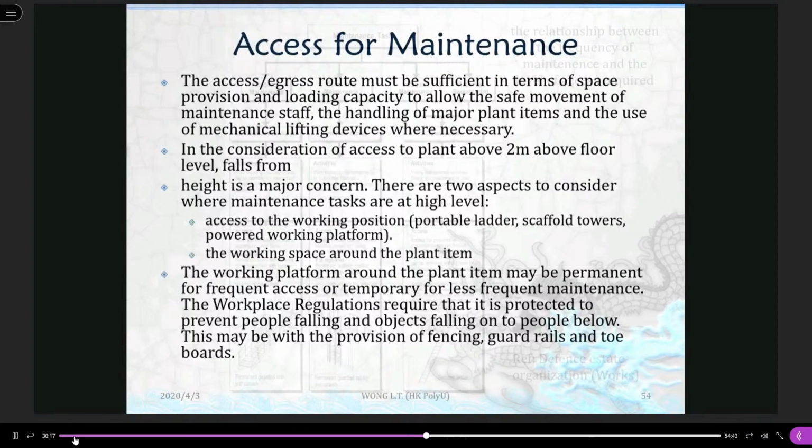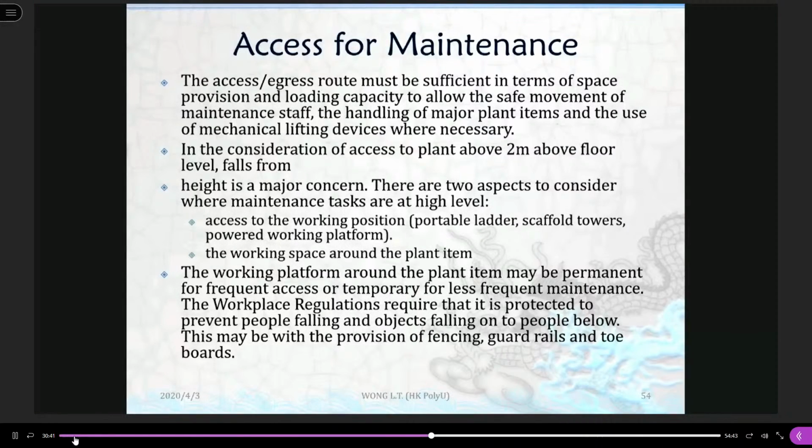For the access of maintenance, the access and egress route must be sufficient in terms of the space provision. You have the dimensions of ergonomic requirements, and loading capacity, you need to know about the process, to allow the safe movement for the maintenance staff, the handling of major plant items, and also use mechanical lifting devices where necessary.